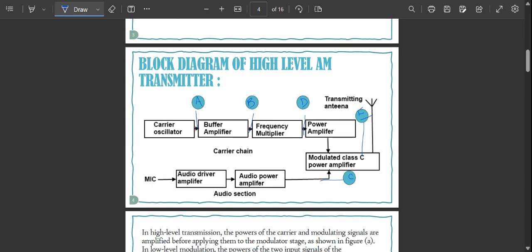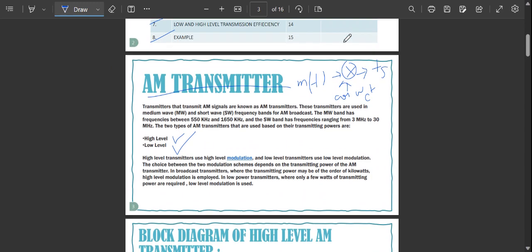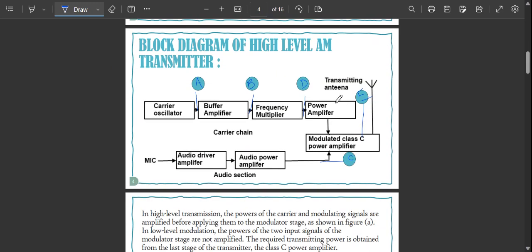Like we said, this multiply sign over here, this is the modulated class C amplifier. This is the multiply sign. And this whole thing over here is the message signal, m(t).